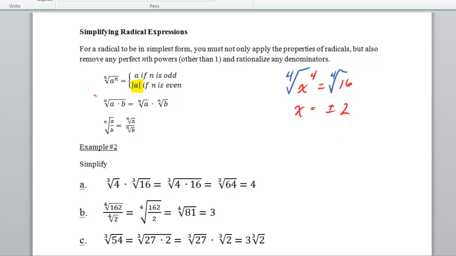And of course the same properties that we had used before with square roots still apply here. We can break them up through multiplication, or we can combine them back together through multiplication, and the same thing through division. Now, you do want to be careful of rationalization of a root value greater than 2. It's a little different than what we've done in the past.